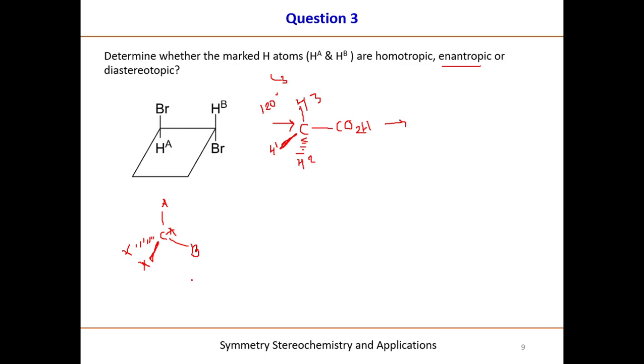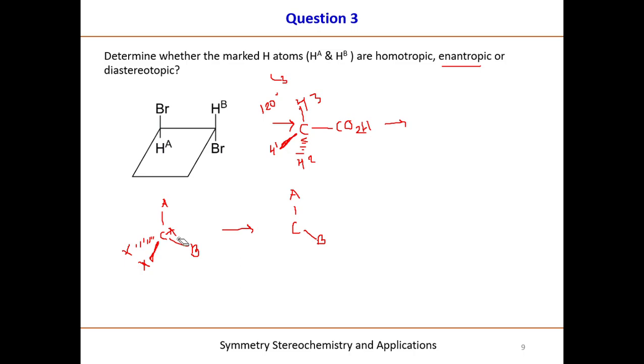So what do we have to do? We have to change one X by Y. If I change one X by Y, what will happen? AB will remain as it is. There it is not chiral because two X are present.